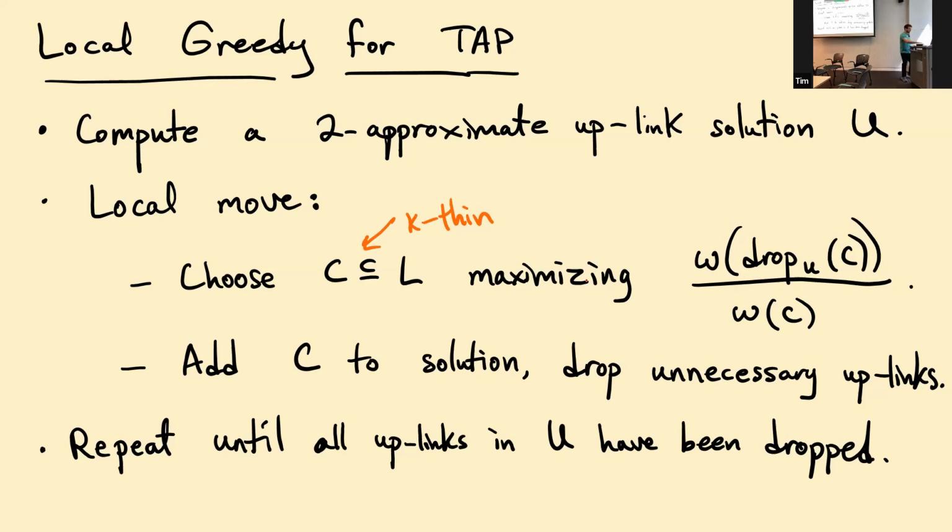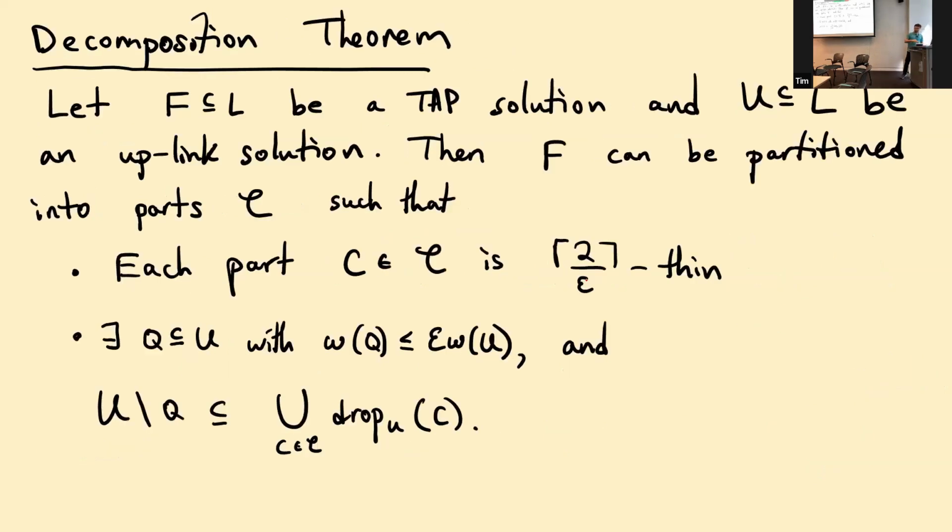Okay, so the formal way to say this is encoded in this decomposition result that they show, which is kind of wordy, but the upshot of it is that any solution to the tree augmentation problem can be partitioned into k-thin components for constant k.